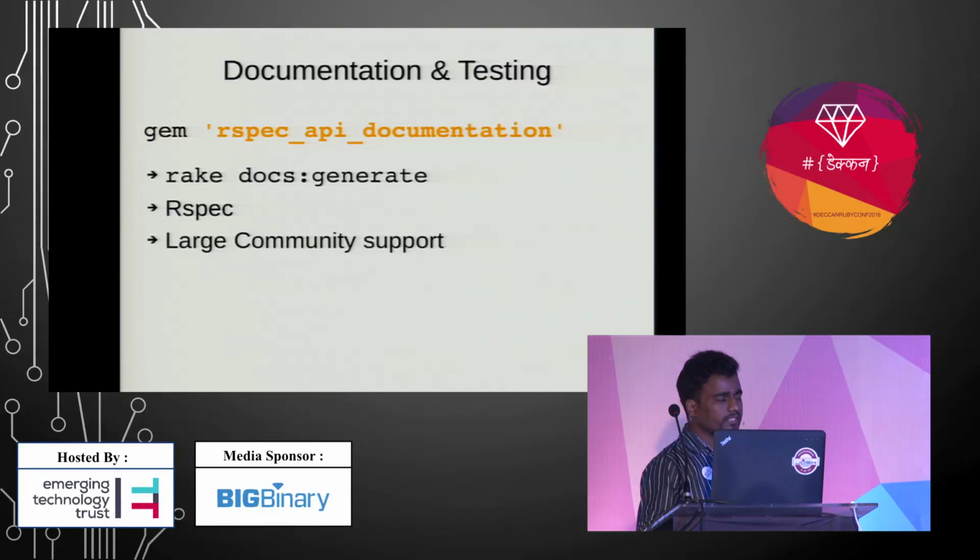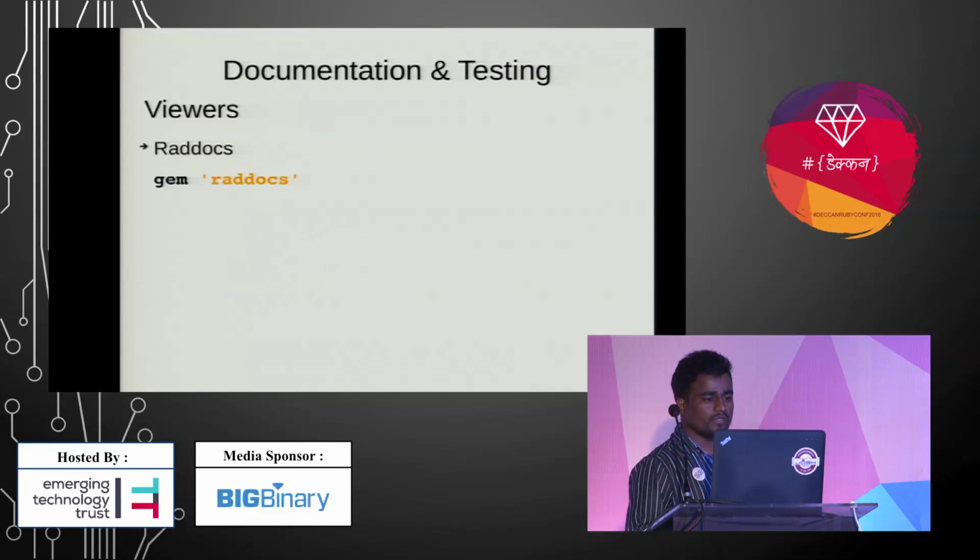This gem just generates a JSON format for your API responses. To read this JSON format, it supports two viewers. The first one is Raddox, a Sinatra app where you don't have much customization to generate the documentation.